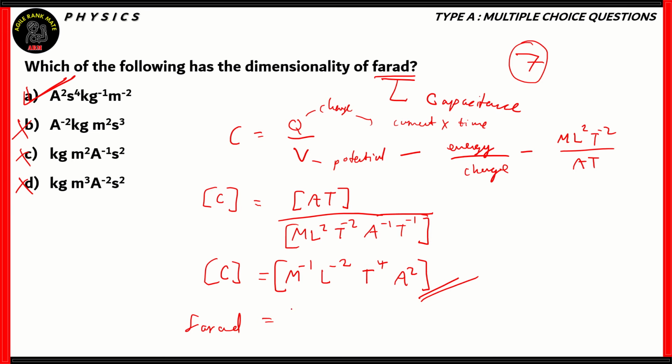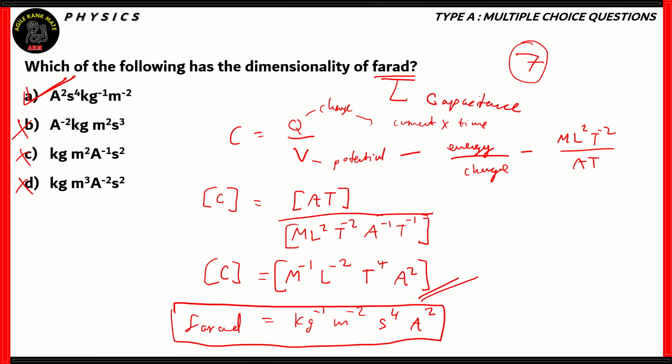So mass will be in kilograms, length will be in meters, time will be in seconds, and current would stay as amperes. So therefore, when you compare option A with the answer that we've got, it is very clear that option A is the right answer. So that's how we find out the dimensionality of units.